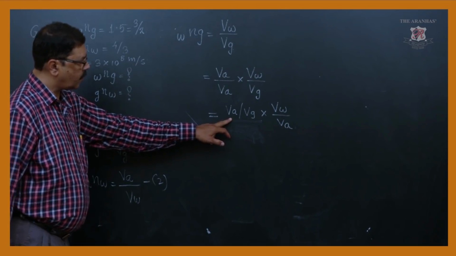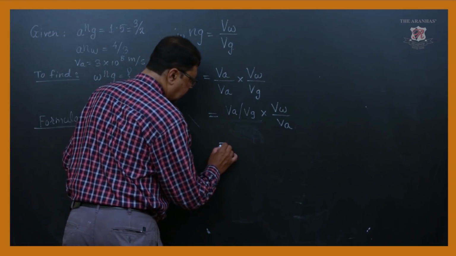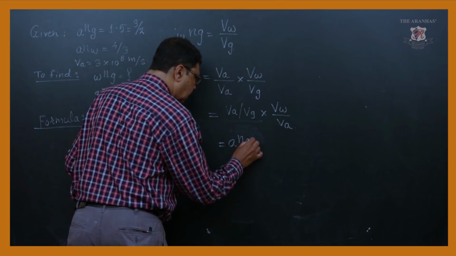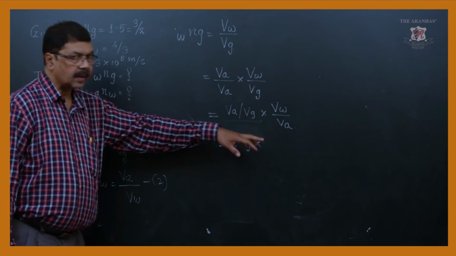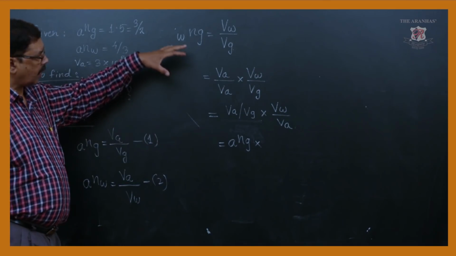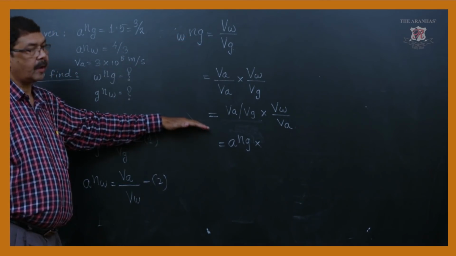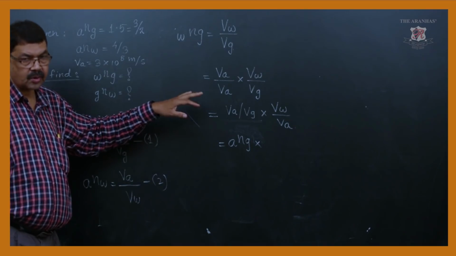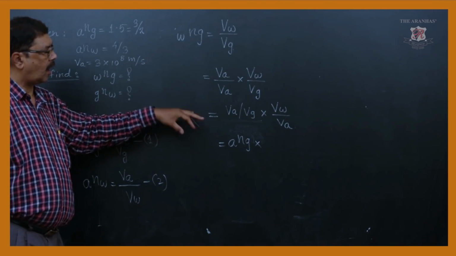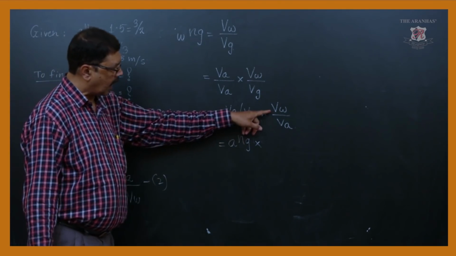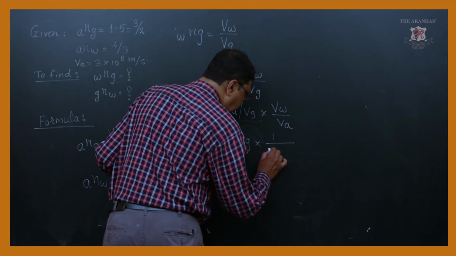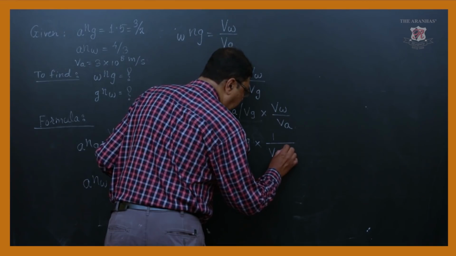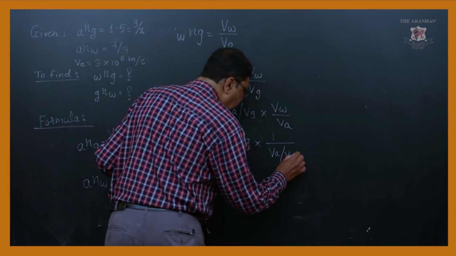What is this Va upon Vg? It is aμg into, again modify this. Now you can remember the final formula. In the exam you don't have to carry out all this procedure. This is for your understanding how the formula is generated. I can write this factor as 1 upon Va upon Vw.